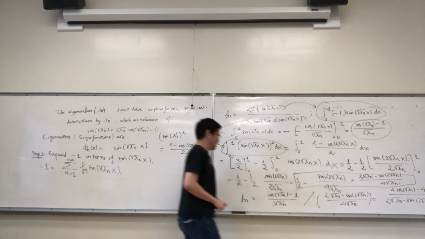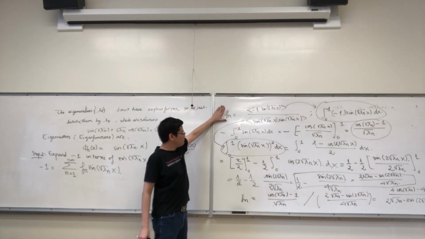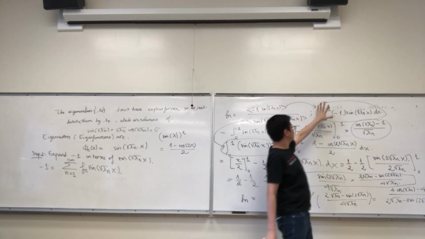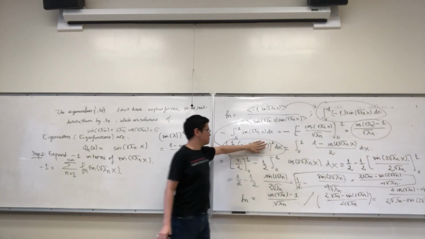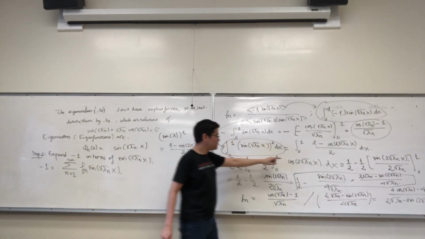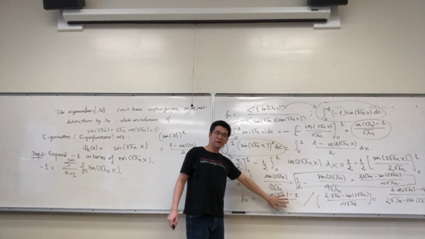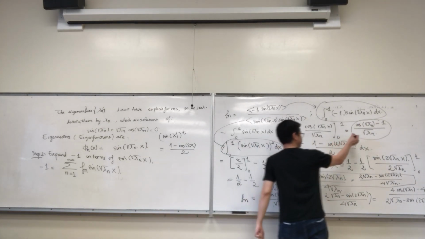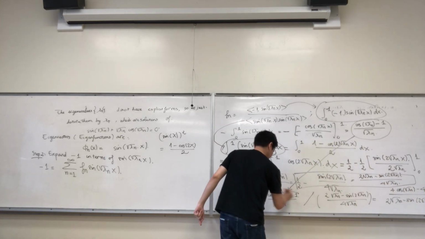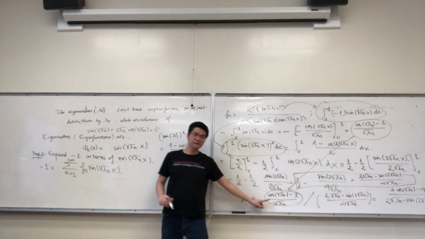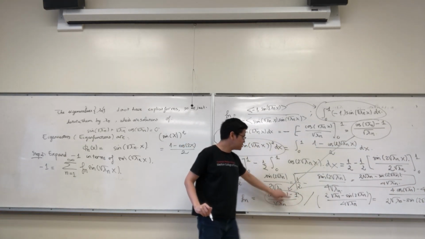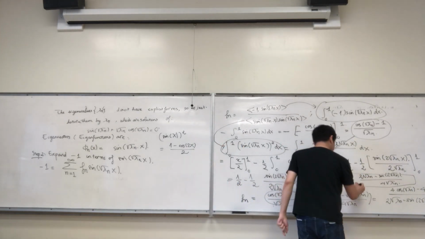So in order to compute Fn, I'm going to have to divide this one by this one, which means that I have to divide this cosine term, which is here. So I'm going to put this here, and I'm going to divide it by this one.